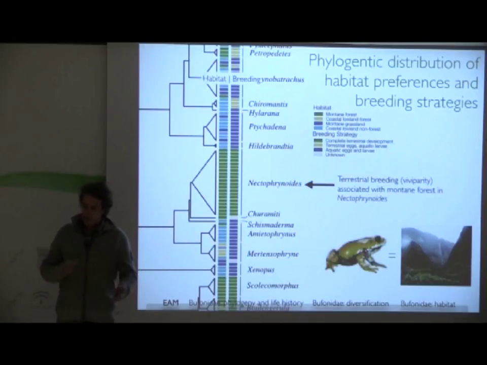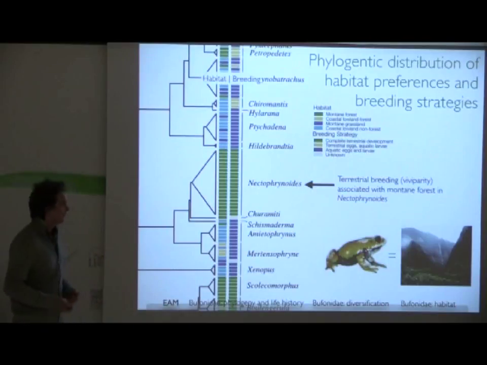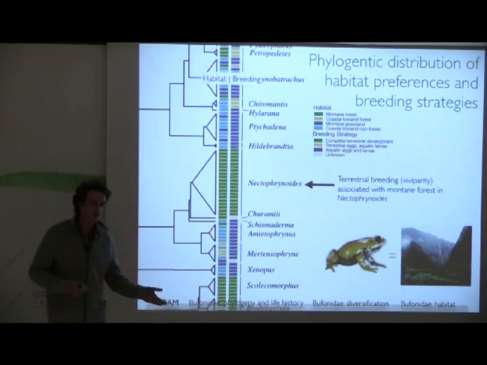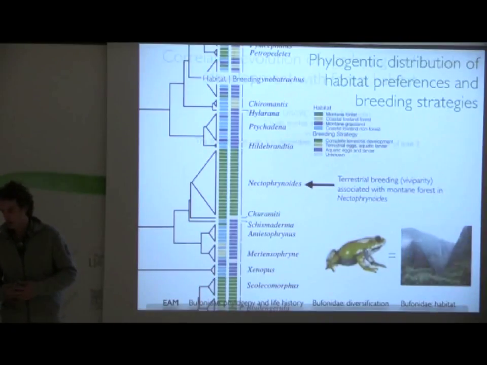So we knew there was some association to forest, but we had differing degrees of terrestrialization. We had terrestrial eggs and terrestrial larvae. And we also had 2 different types of forest. We had lowland forest and montane forest. So we tried to tease that apart a little more.